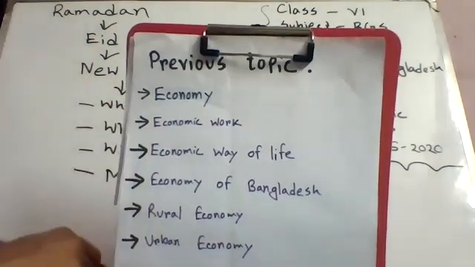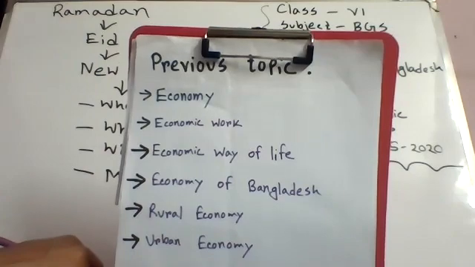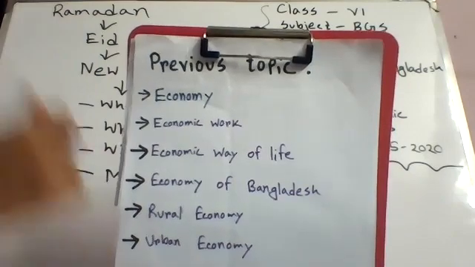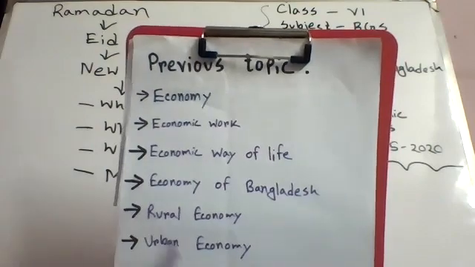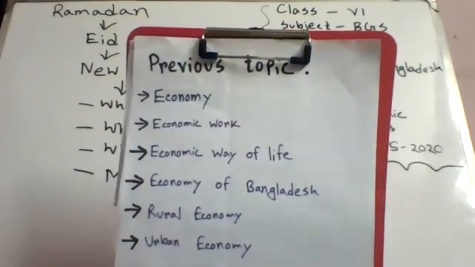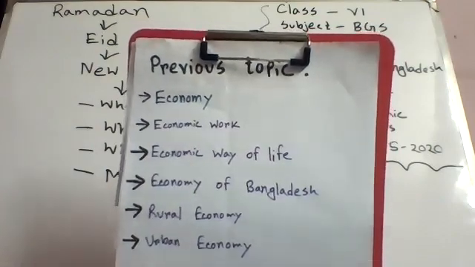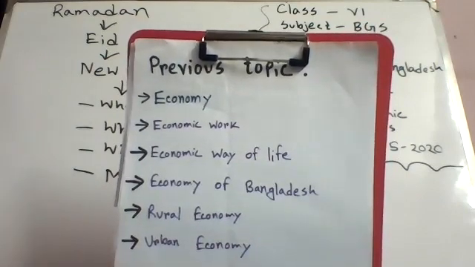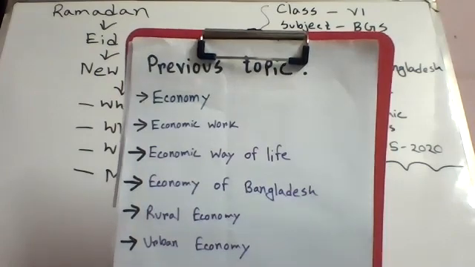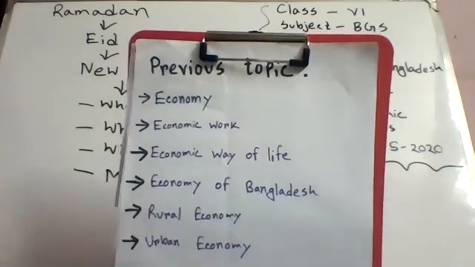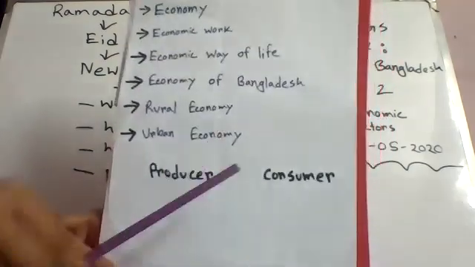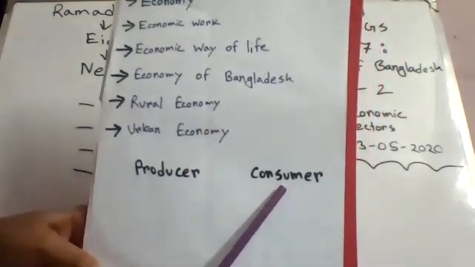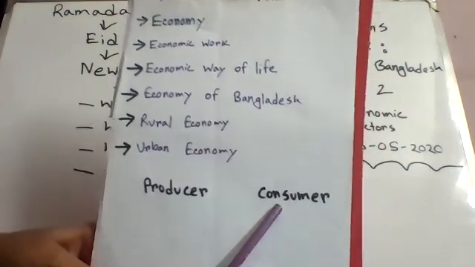Hope we all had completed our task. Do you remember who were producer and who were consumer? Yes, students. Who make the dress, they are producer, and who wear the dress, they are consumer.